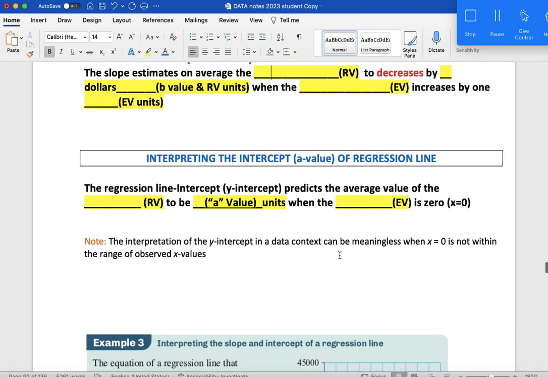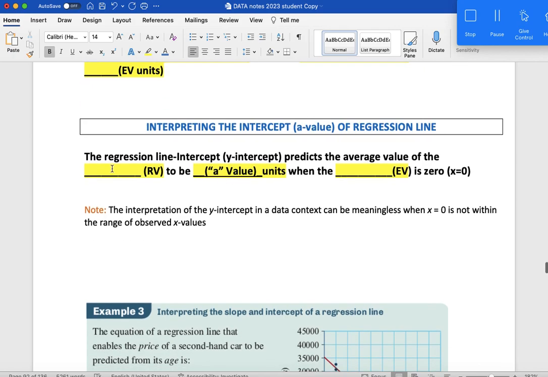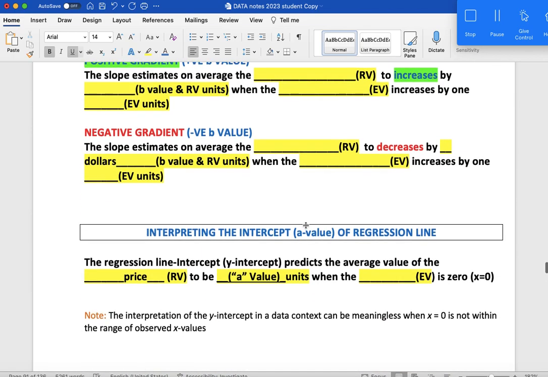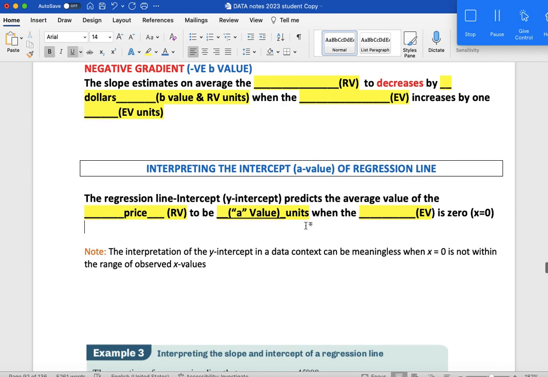So then if we're asked to interpret the A value, which is like the intercept, we would write this paragraph, and it says the regression line intercept predicts the average value of the car price to be the A value, which was, what did we say, 35,100, when the age of the car is 0.